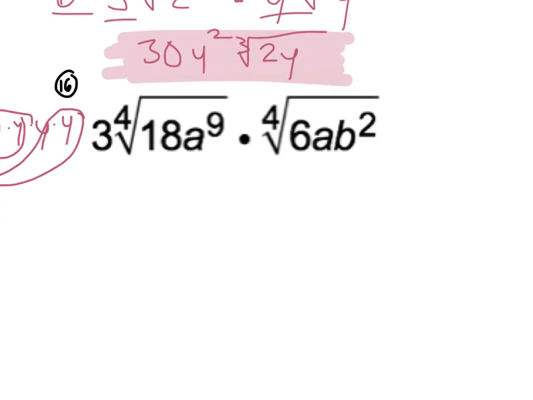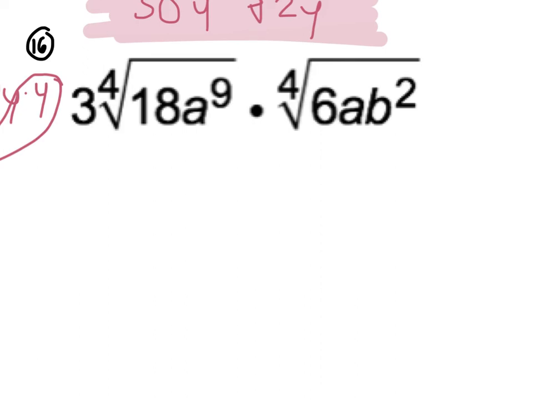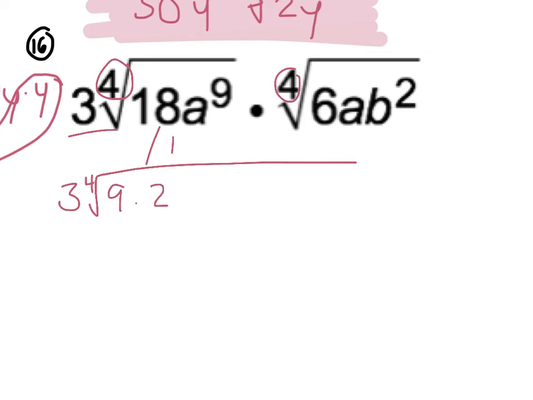Right, 16, almost done. So we have the same coefficients, so we can combine them. So we have 3. And the 4th root, I'm going to break down 18 into 9 and 2. And 6 I can break down into 2 and 3. And then I have, in total, 9 a's here and 1 a here.